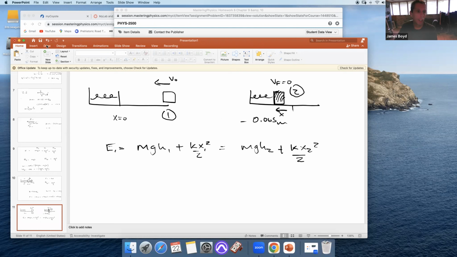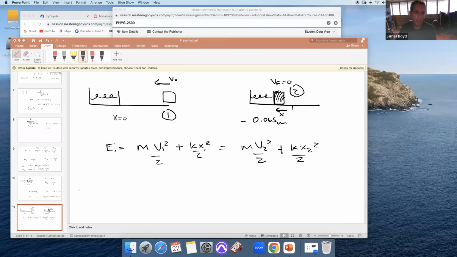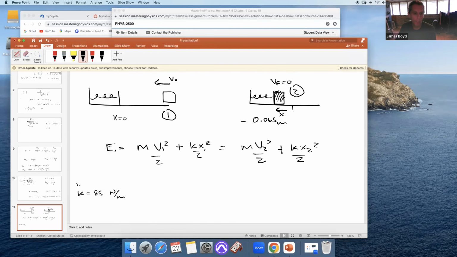Whoops, I'm being crazy. We're ignoring gravity, but I forgot the kinetic energy. I meant to write the kinetic energy, not the gravitational energy. So now, first of all, k was 85 newtons per meter. That's the spring constant. And the mass was 2.5 kilograms.